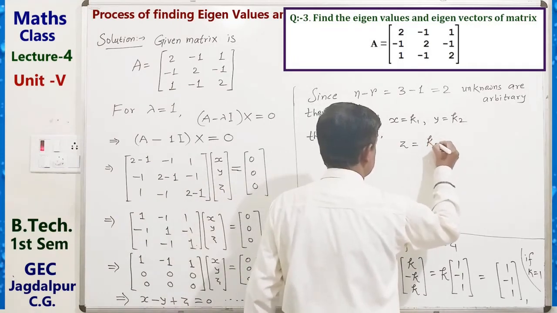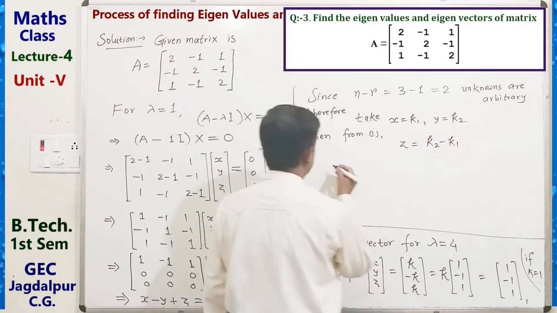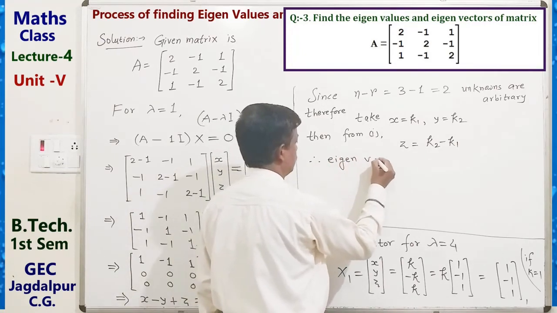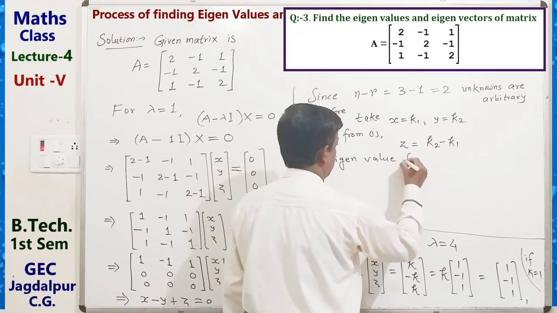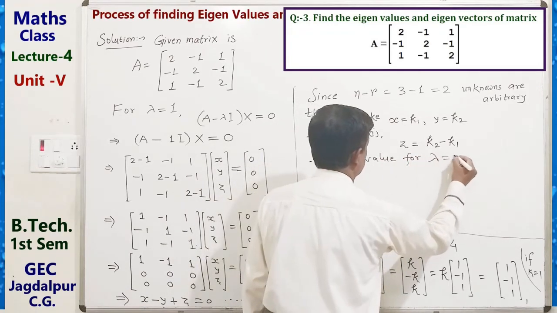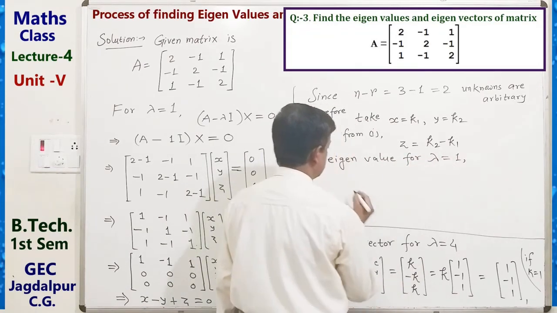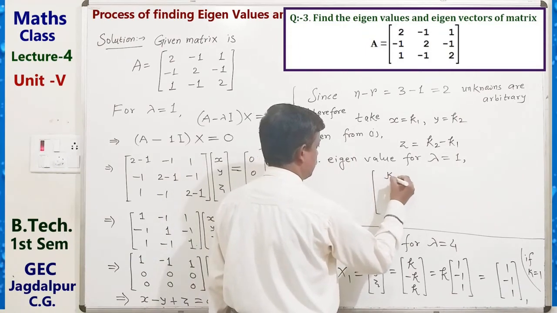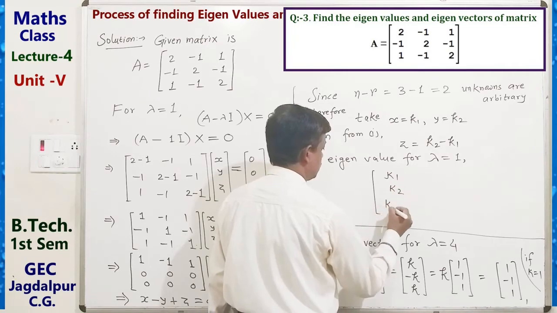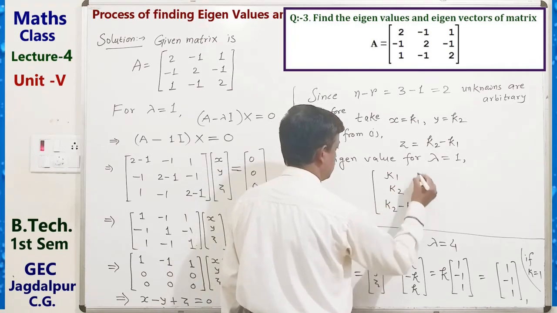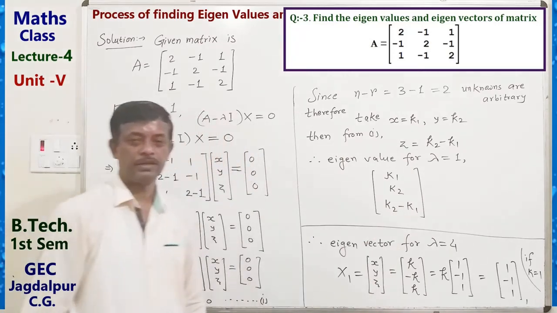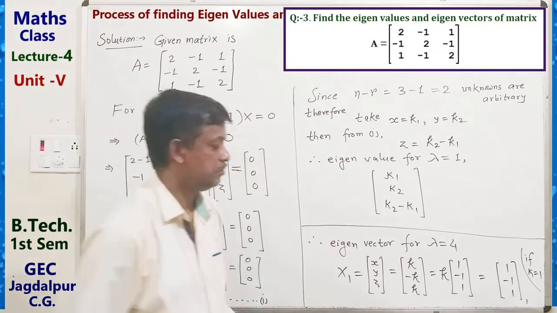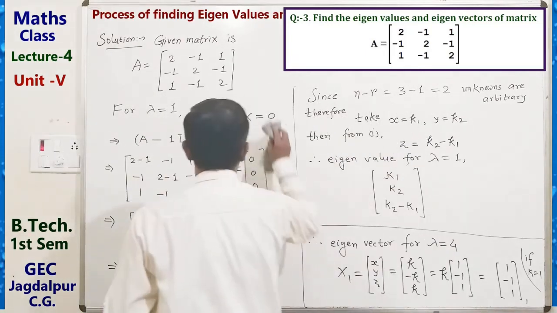Therefore, the eigenvector for lambda with equal roots is k1, k2, k2 minus k1. Clear? This is the eigenvector. Here k1, k2 are two arbitrary unknowns.